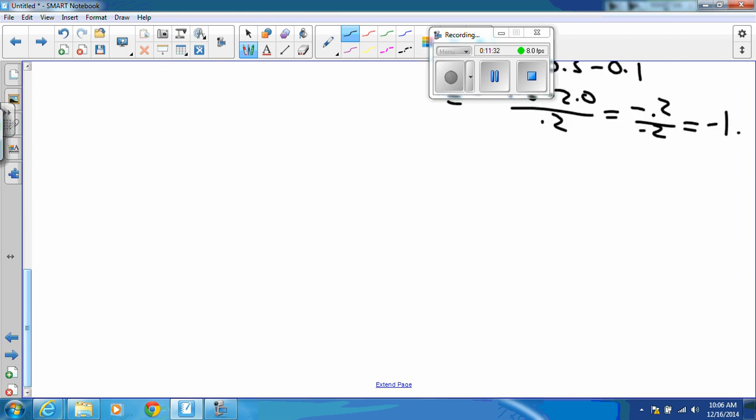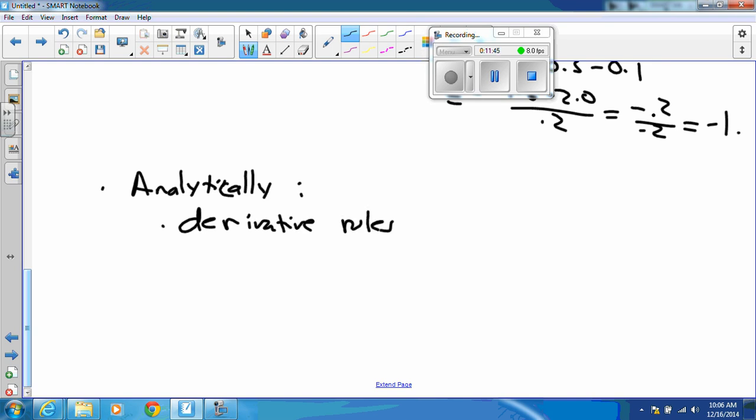What about analytically? Analytically is where people get pretty comfortable because we've been doing it a lot. Our big tool for analytic stuff is the derivative rules. Those you guys have been practicing with and using a whole lot, so I'm not going to go over the entire thing. I will put up a list of derivative rules on Headline.